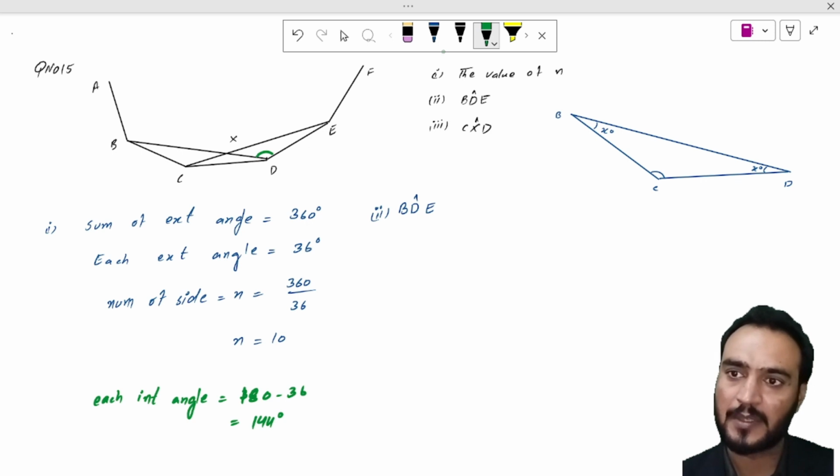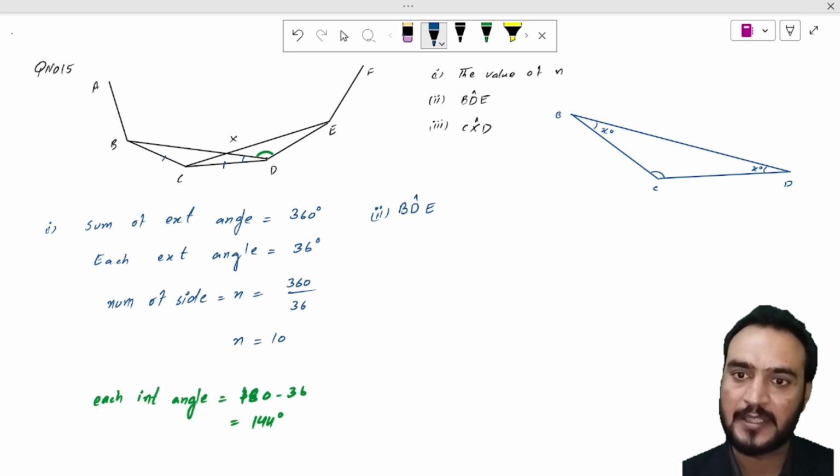We need to find this angle, so we subtract this angle from 144 degrees to get the angle BDE. We know that the side CD is equal to the side BC.